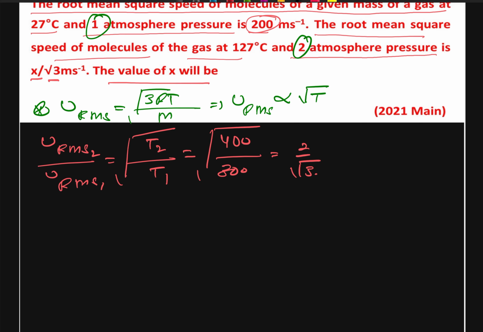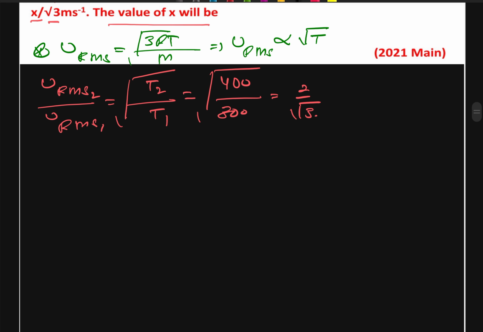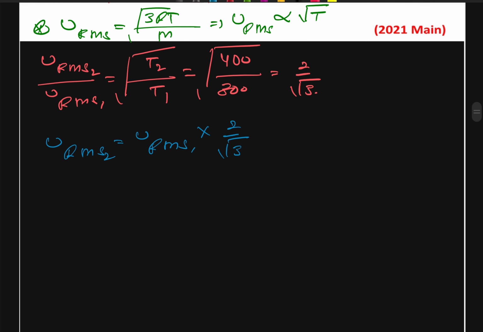And so we get that our VRMS second will be equal to VRMS first multiplied by 2 upon square root of 3, and VRMS first is given as 200.